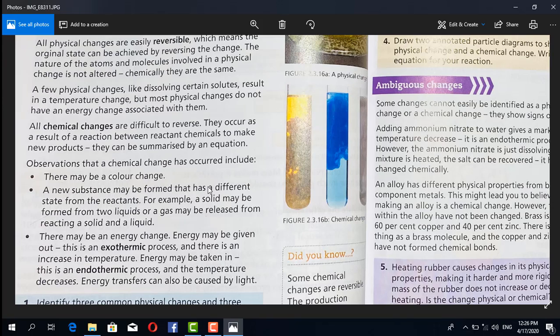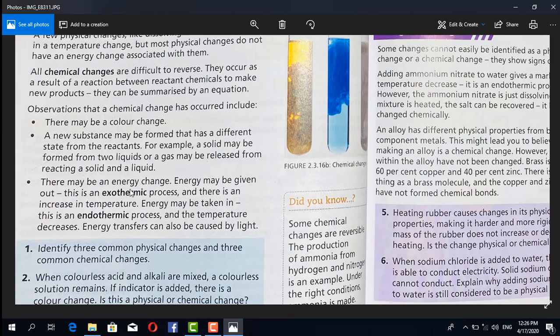For an example, I have two substances reacting with each other, but the final product that I got is totally different from the reactants. It can happen because that's what chemical change is about.